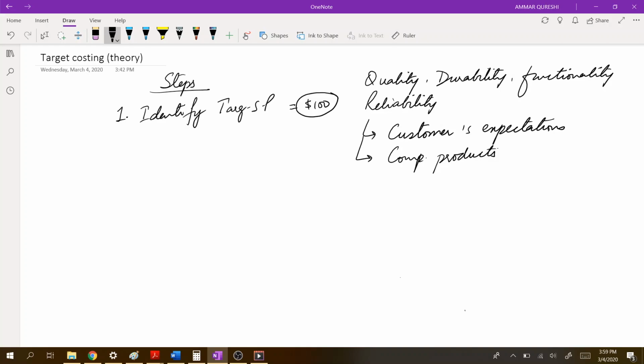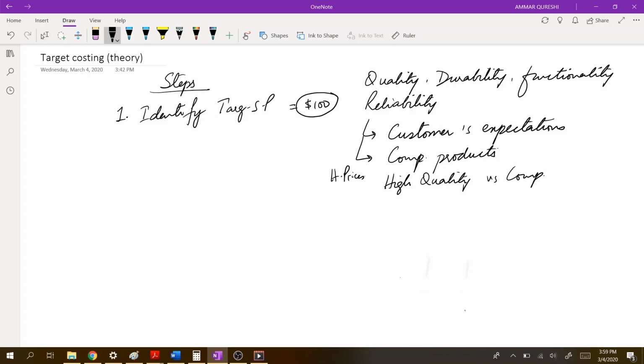For example, if we are producing a product which is of high quality as compared with our competitor, then we can charge high prices, considering the fact that we are providing them with extra quality.